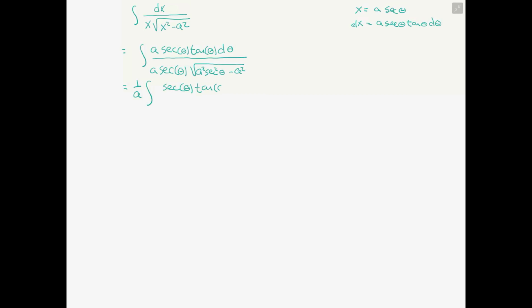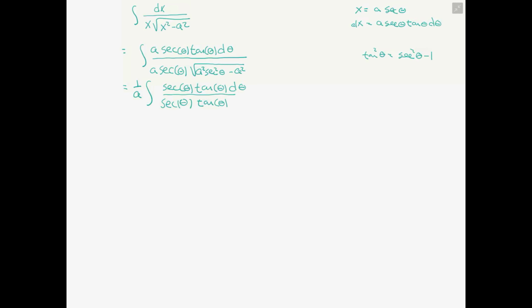We've got secant theta in the numerator, tangent theta in the numerator, d theta over secant theta in the denominator, and under the square root we know that tangent squared theta equals secant squared theta minus 1.